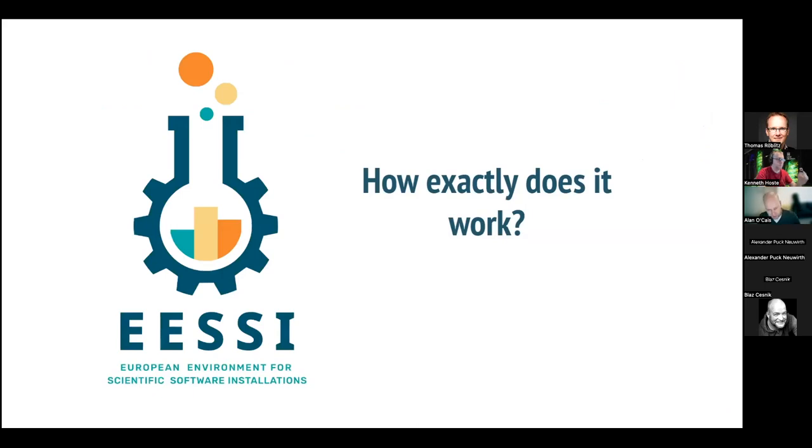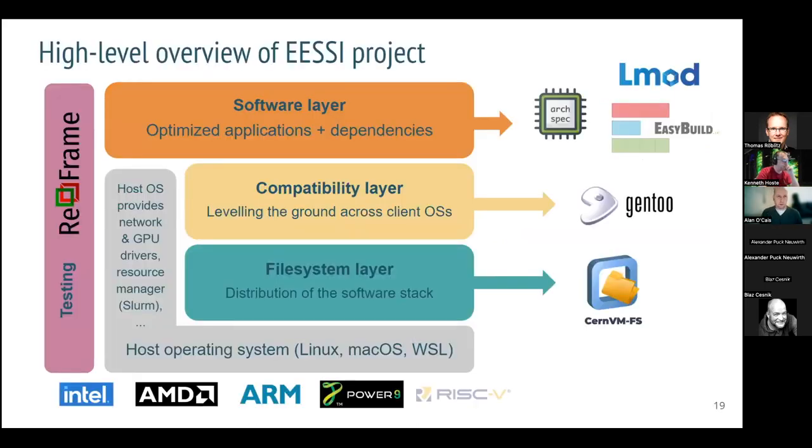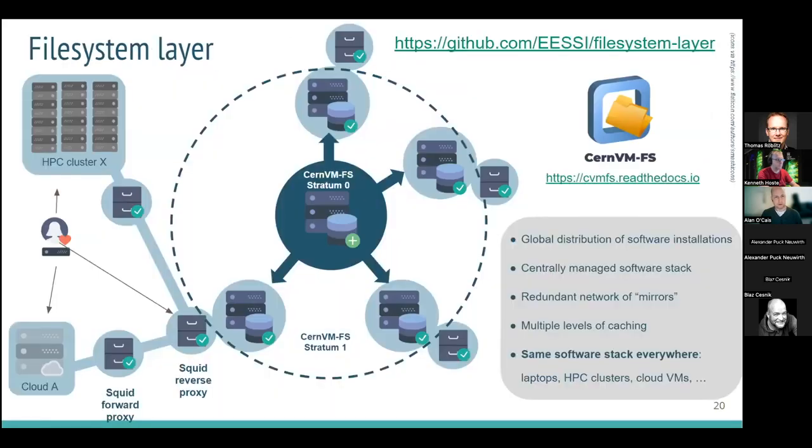Okay, so how exactly does all of this work? We go back to the picture I explained before about the different layers of EESSI, but I want to explain each of those layers one by one to show you what is actually meant when I talk about these layers. The first one is the distribution layer, also called our file system layer.